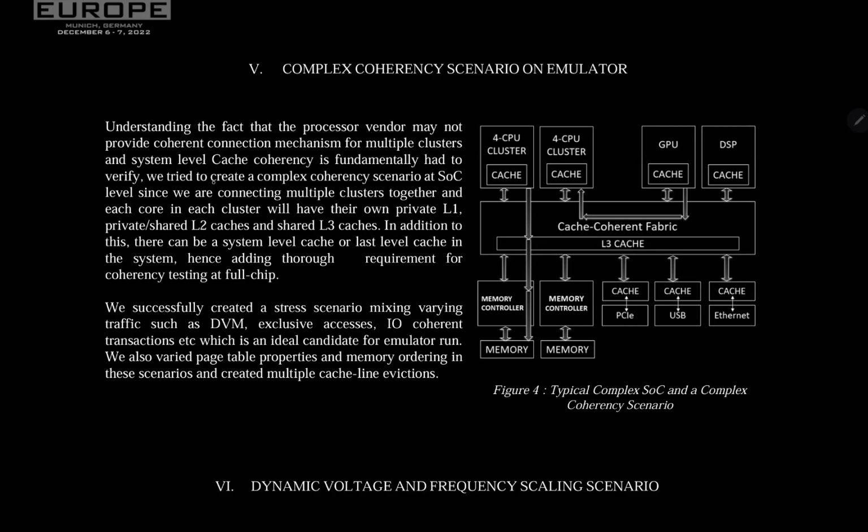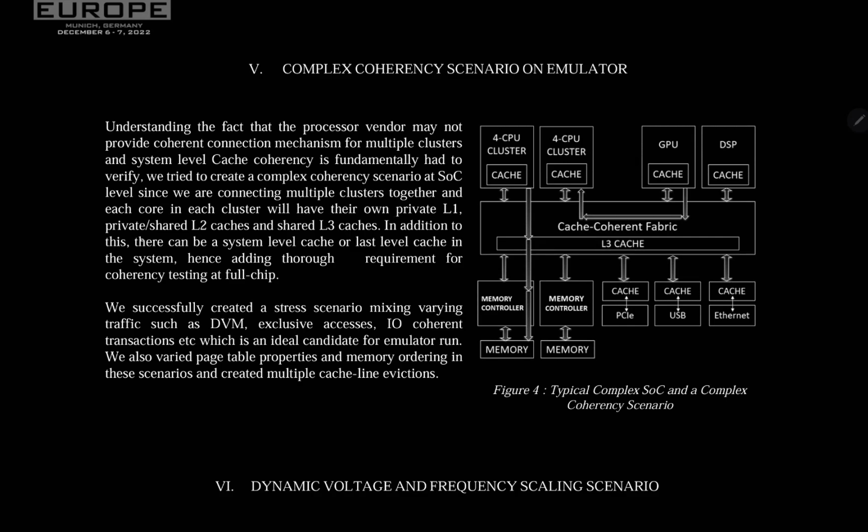We tried to create the complex coherency scenarios at SoC level since we are connecting multiple clusters together, and each core in each cluster will have their own private L1, private shared L2 caches, and shared L3 caches.